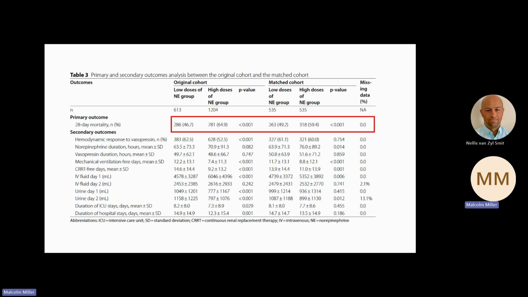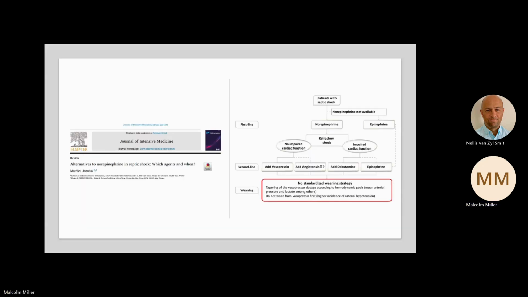And often we think about a second-line agent as a rescue salvage therapy, and then it's too late because we've missed the boat once the adrenaline dose is at 1 mcg per kg and the digits are blue and the lactate is 20. That's certainly not going to be the time to reach for a second-line drug. We need to think about it earlier, and particularly when patients are showing signs of worsening septic shock.